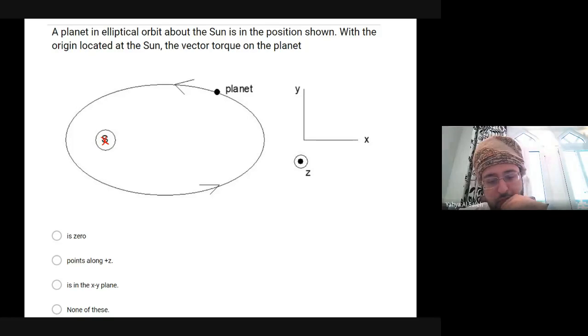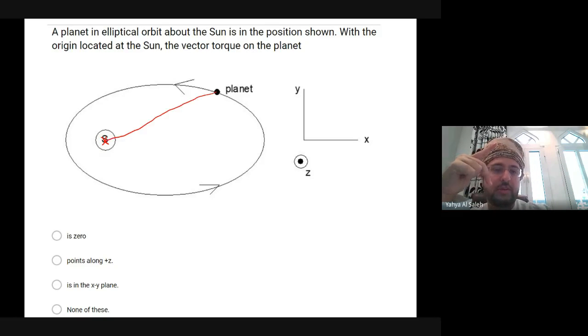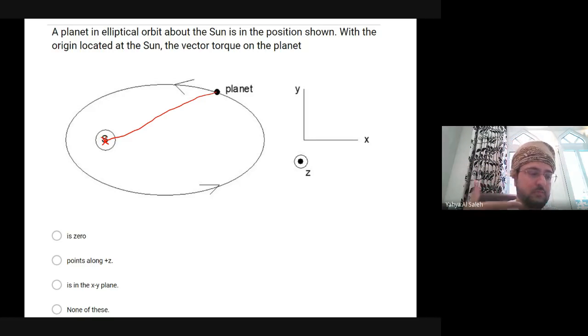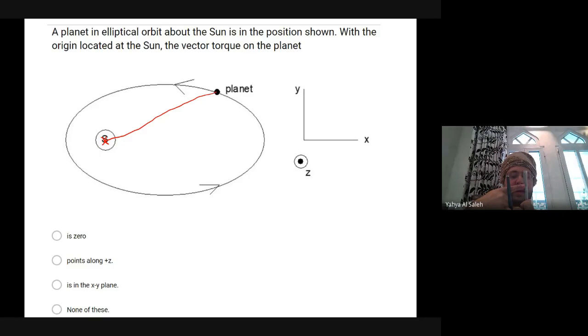Okay, so a whole bunch of B's and a plus Z. Let's do the right-hand rule. R cross F. Where is R? R is in the XY plane, right? So this is R. If this is my planet and this is my sun, R is in this direction, right? Okay. Where's my F?